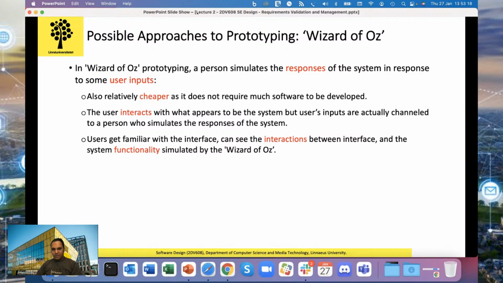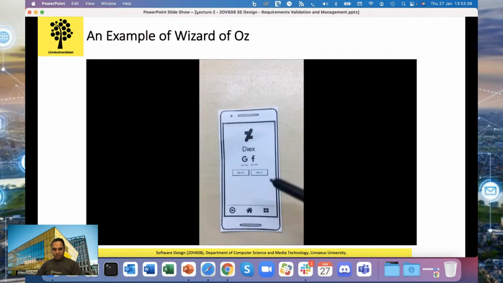So this is also a relatively cheaper way of prototyping a system, similar to the paper-based prototype. I think I have a movie in the next slide where we can watch how this Wizard of Oz prototyping works, to give you some idea. I guess you will be able to listen to this.